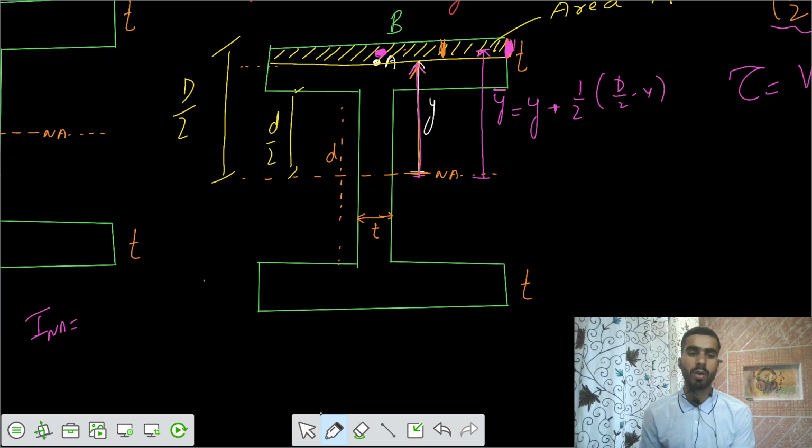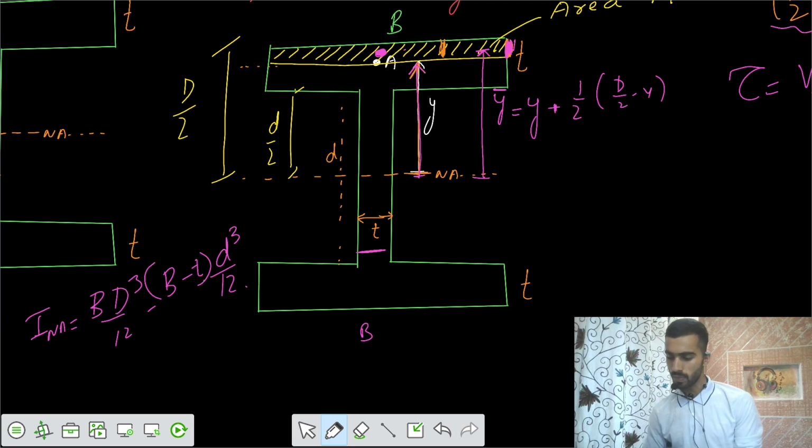That would be B D cube by 12 minus, if you subtract b minus d, then you are left with that thickness, then the leftover depth d cube by 12, that is, (b minus d) d cube by 12.